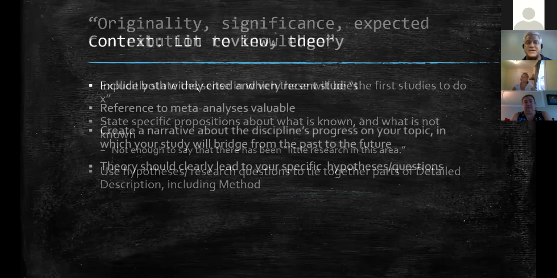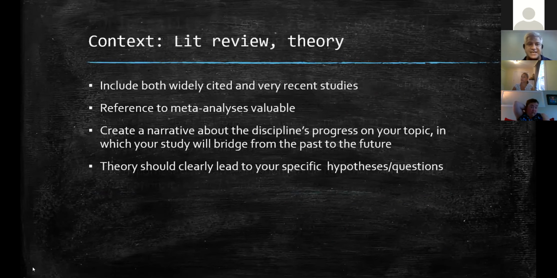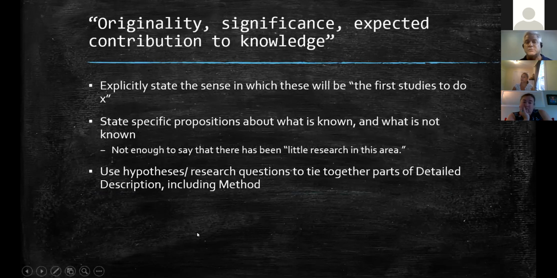Something I would really emphasize is explicitness. In particular, when we're asked about originality, significance, and expected contribution to knowledge, be specific about the sense in which your research will make an original contribution.